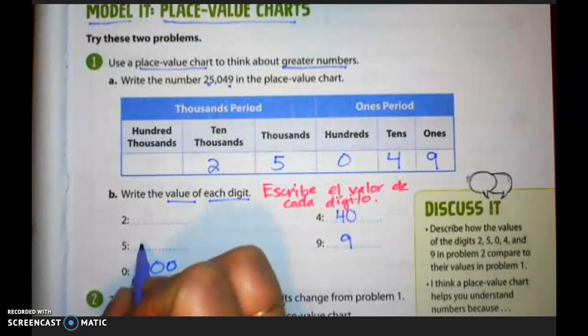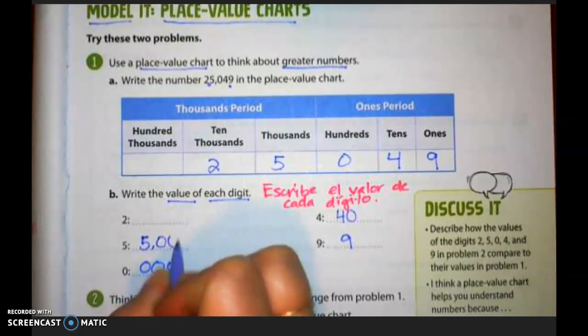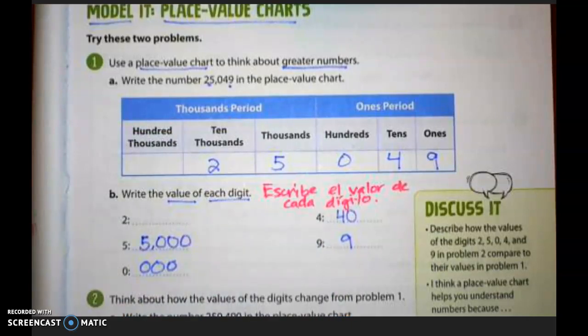Okay, so it's 5,000. 5,000 es un 5, una coma, y luego después, ¿cuántos ceros pongo? 3. 1, 2, 3. ¿Cómo sabemos que pongo 3 ceros?